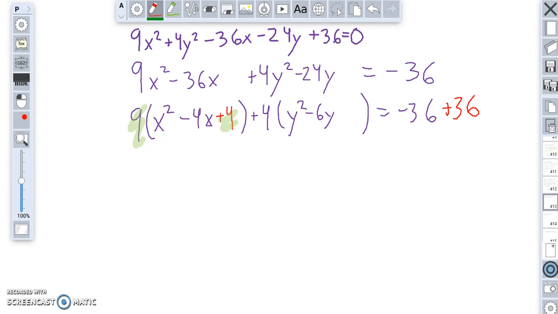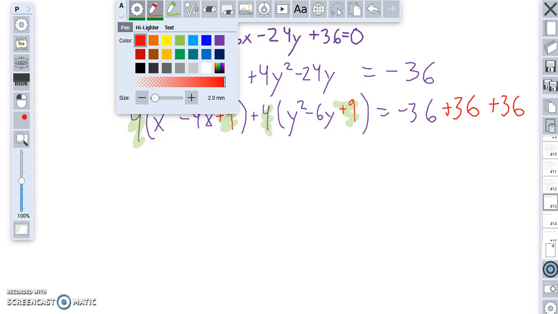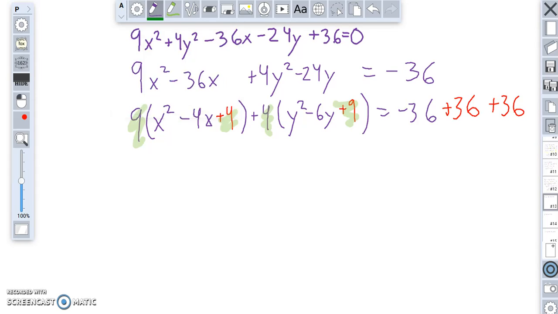Half of negative 6 is negative 3. I square that and I get positive 9. I added 9 times 4 to the left side, so I'm going to add 9 times 4 to the right side. And that all cleans up as 9 times x minus 2 squared plus 4 times y minus 3 squared equals 36.